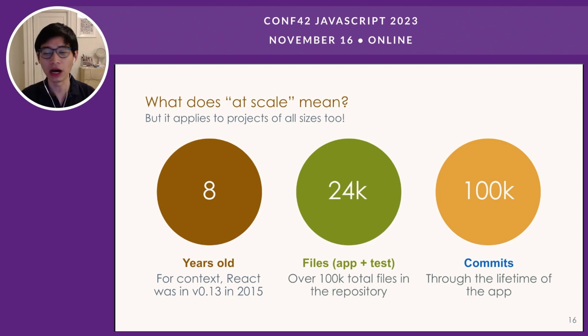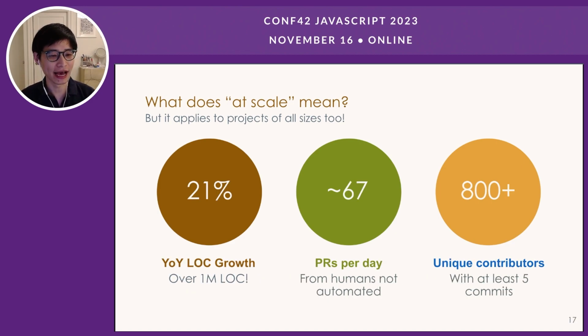We also had maybe over 100K commits throughout the lifetime of the application. Year over year, it's growing in lines of code by 21%. There are over 67 PRs per day written by humans, not automated by dependency upgrades or anything like that.